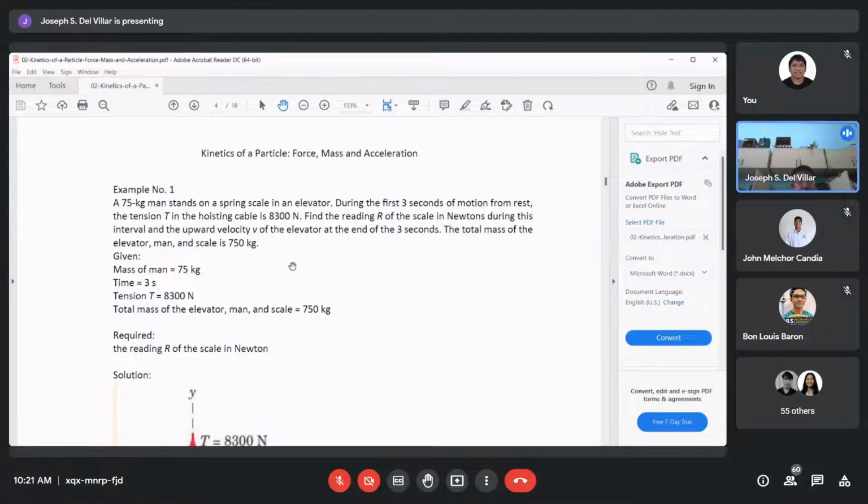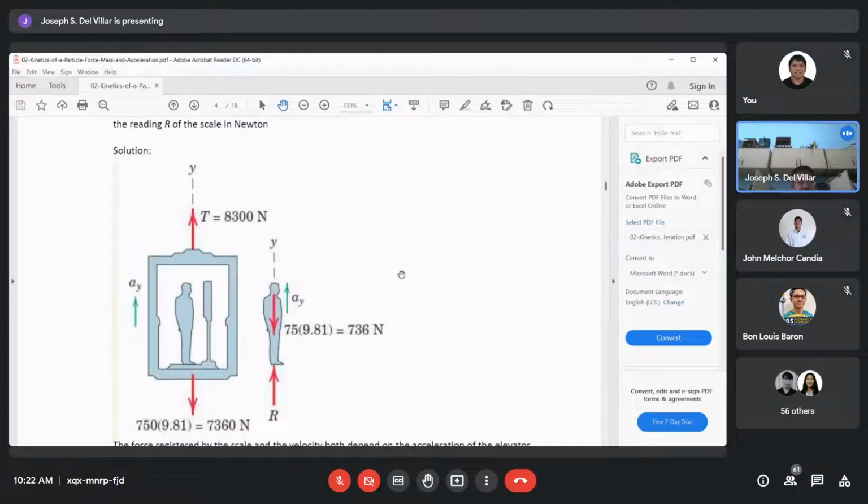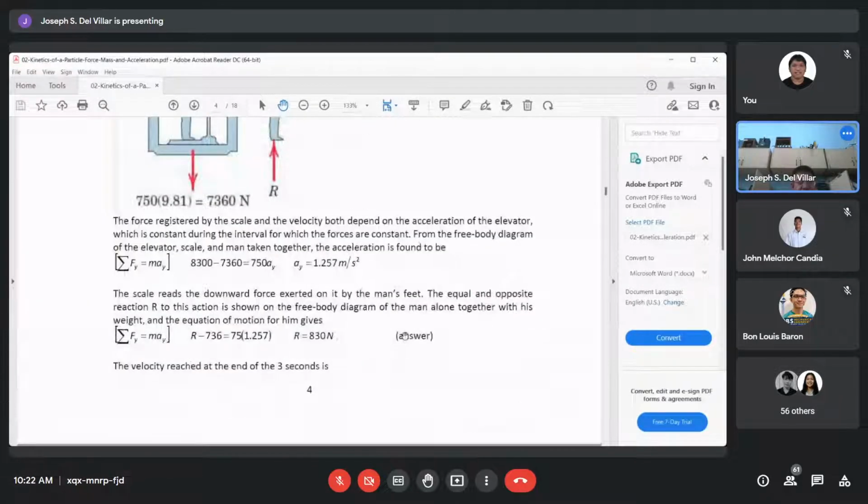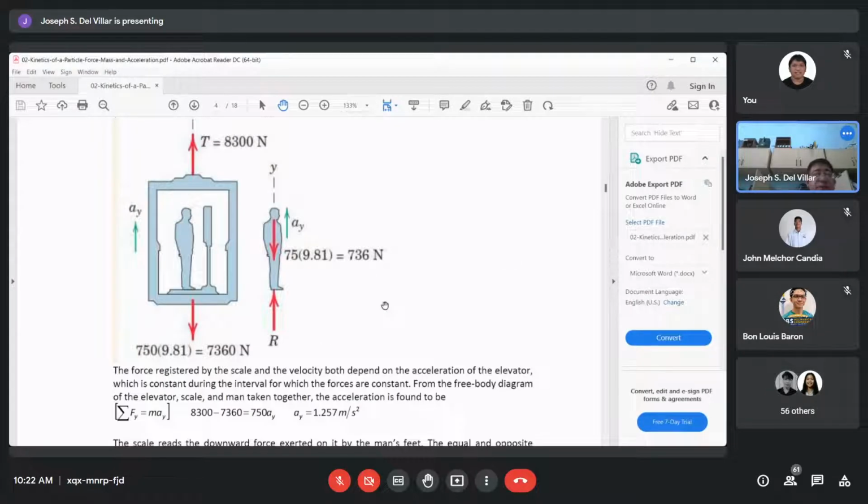And then the requirement is find the reading and the upward velocity V. Okay? So, yung reading, ito na siya. Okay? That is 830 newtons. Now, the velocity, that is another requirement.